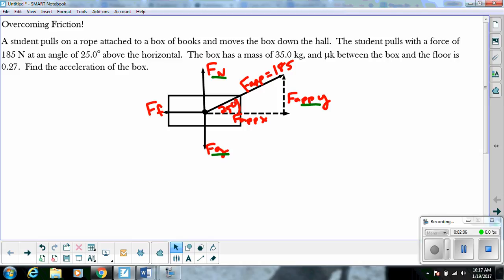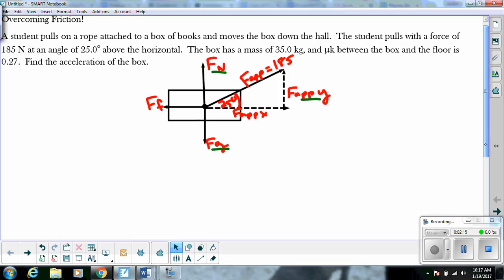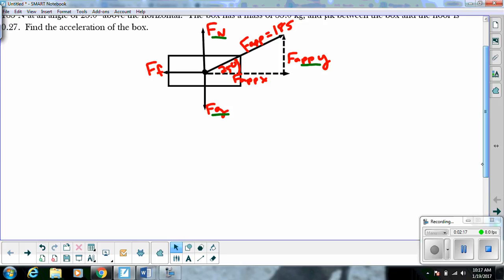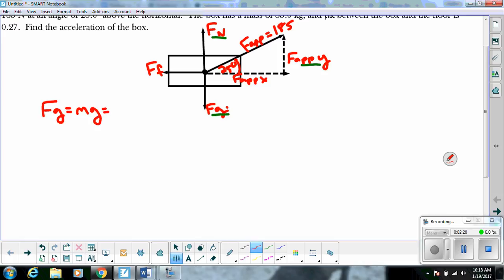So I can find the normal force by using the fact that those three vectors added together will have the sum of 0. I'm going to start by finding the force of gravity of the box. The force of gravity is mass times gravity, which will be 35.0 times 9.8, which will get me a force of 343 newtons.